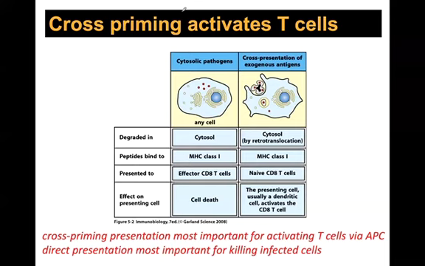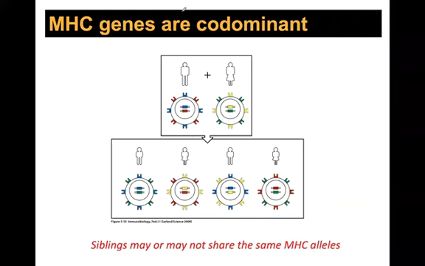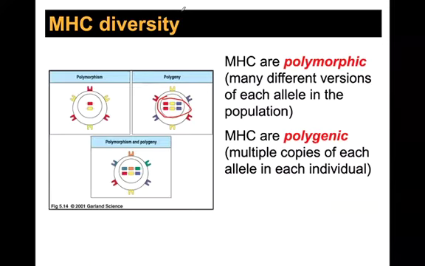Can you go over the difference between polygeny and polymorphism for time? Sure. So polygeny is just you express multiple copies of the allele. Let's start off, if you only had one MHC, at most you would have 2 different chances of presenting peptides from a pathogen.